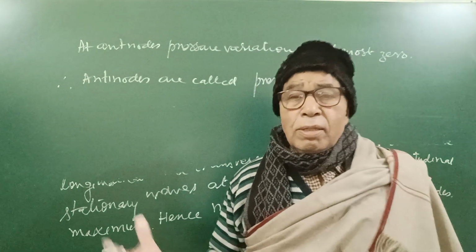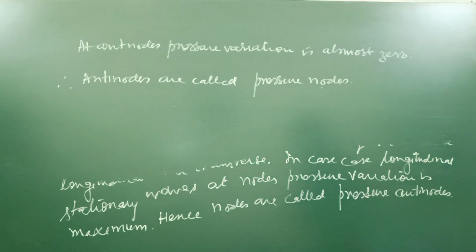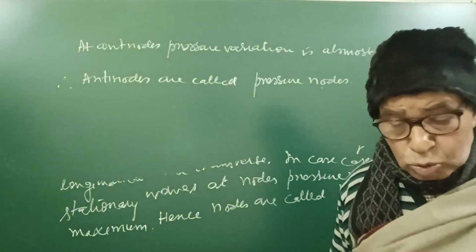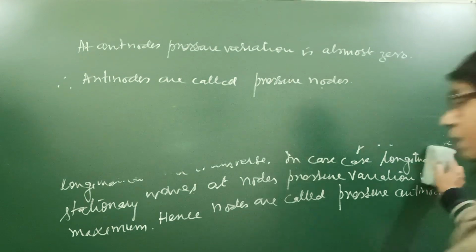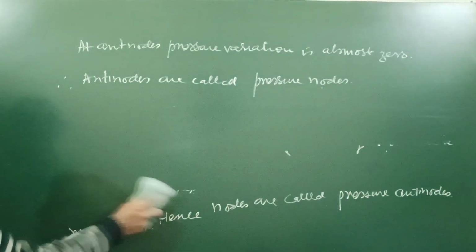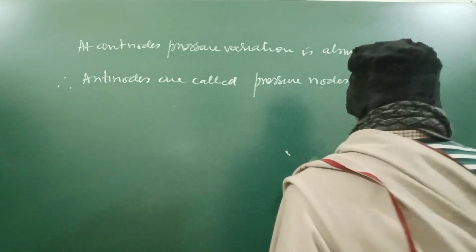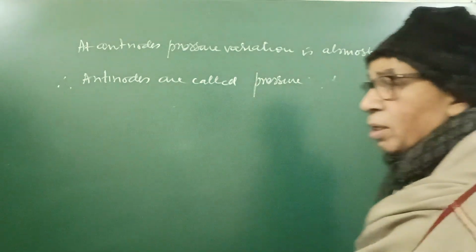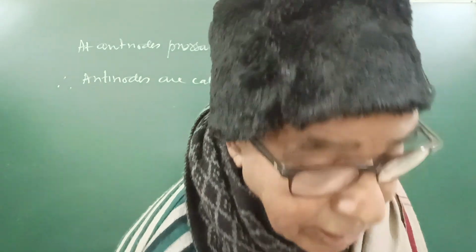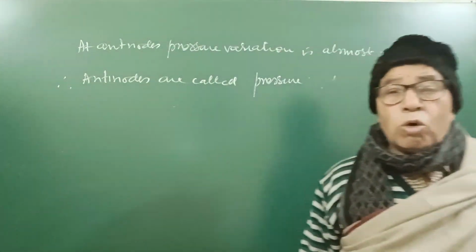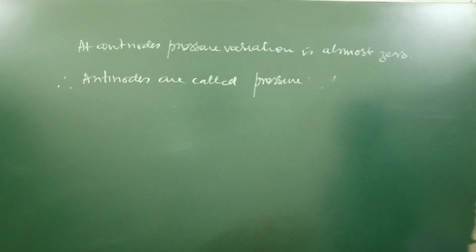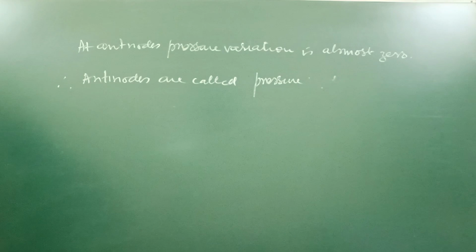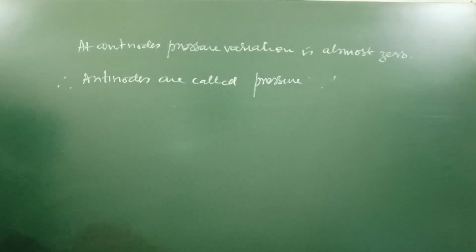So this is a simple idea about stationary waves. Stationary waves are formed by superposition of two waves of the same frequency and same amplitude when they travel in a bound medium. When a stationary wave is formed, there are certain points at which particles of the medium do not oscillate at all, and those points are called nodes. At other points the amplitude of vibration is maximum.